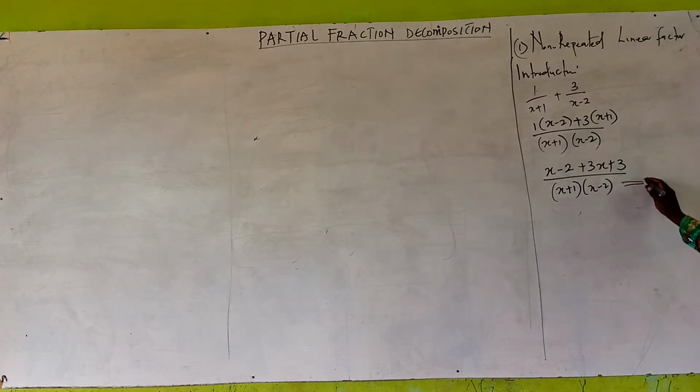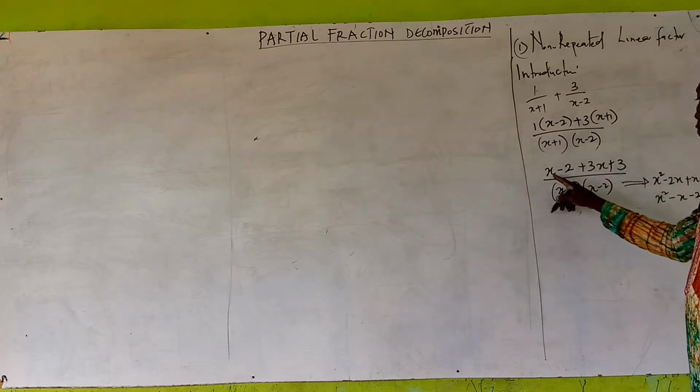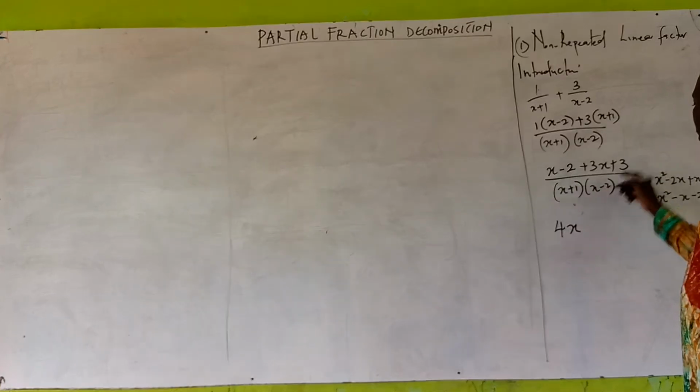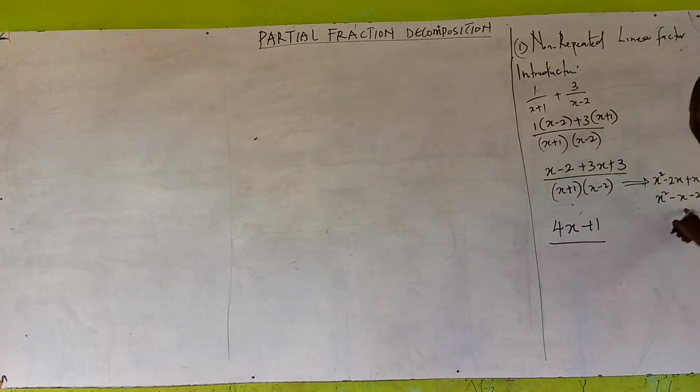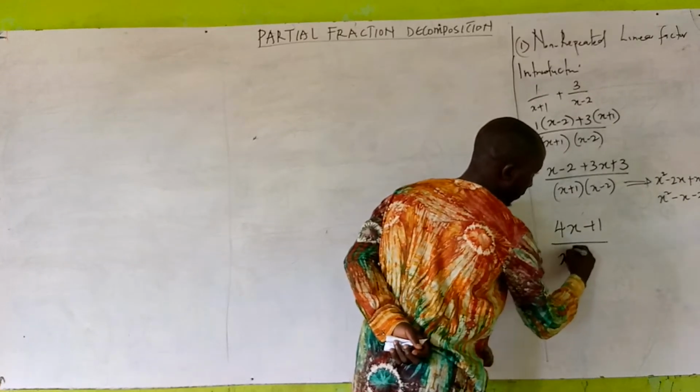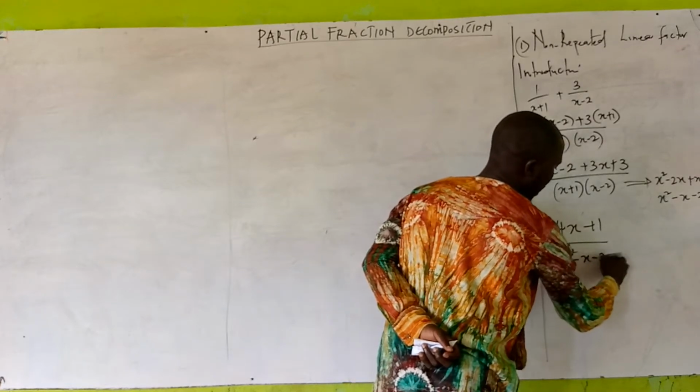If you open the bracket of this denominator, we have x squared minus 2x plus x minus 2, and this gives us x squared minus x minus 2. Now if you add up the numerator, x plus 3x gives 4x, and minus 2 plus 3 gives plus 1, divided by x squared minus x minus 2.